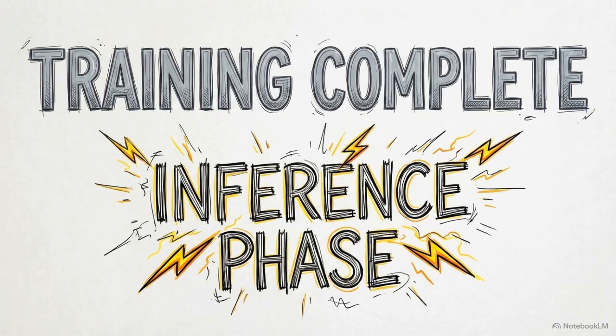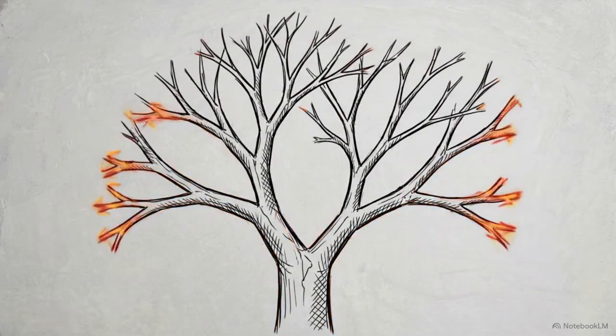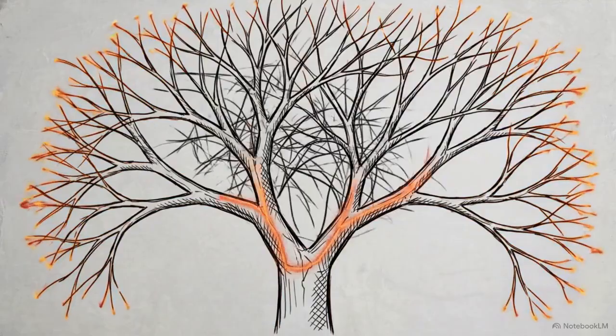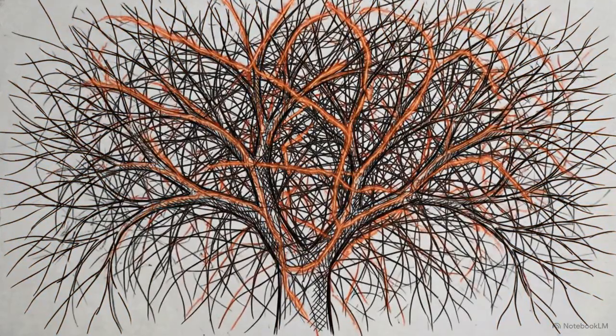Once this model is trained, it enters the inference phase, where it uses these learned probabilities to generate entirely new target sequences. Checking the exact mathematical probability for every combination of words across an entire vocabulary is computationally impossible. The tree of possibilities grows with every token.